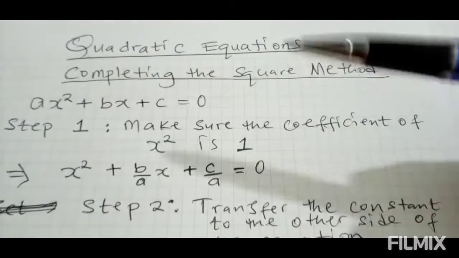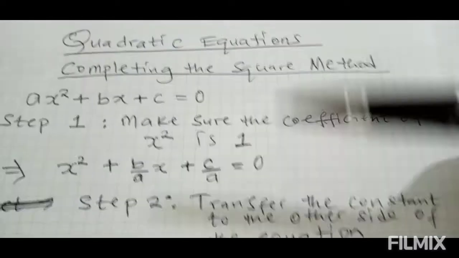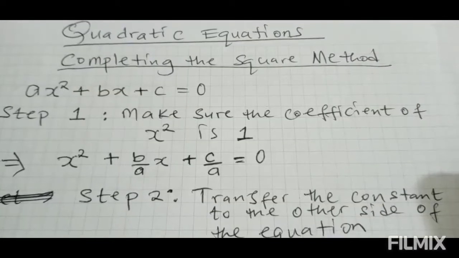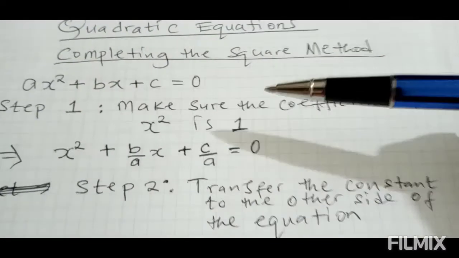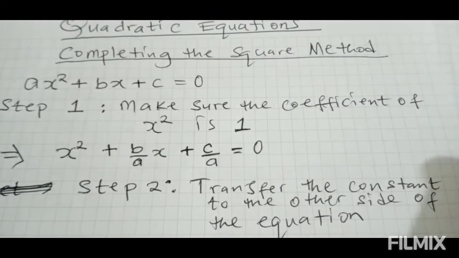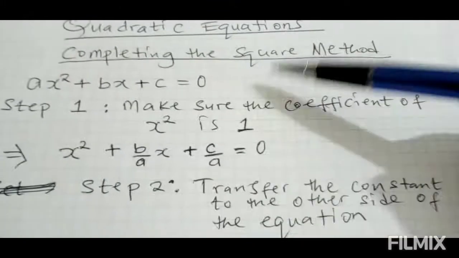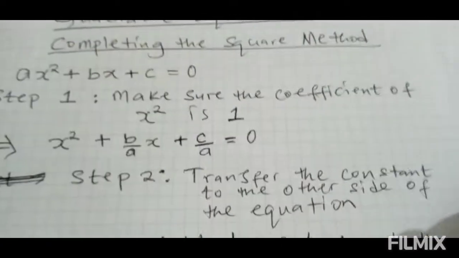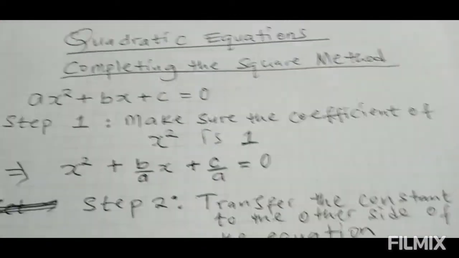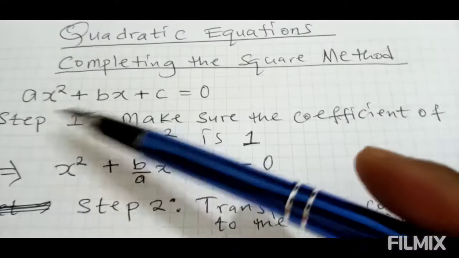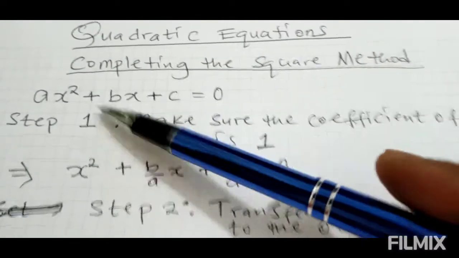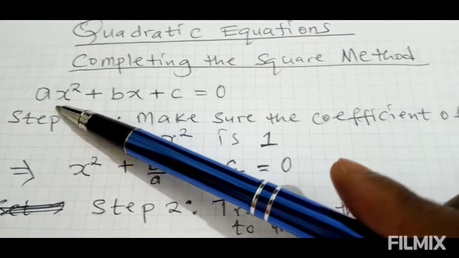So this is the completing the square method. This is the same method that we are going to use to derive the formula called the quadratic formula. First, make sure that the coefficient of x squared is 1.